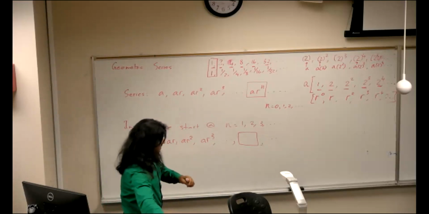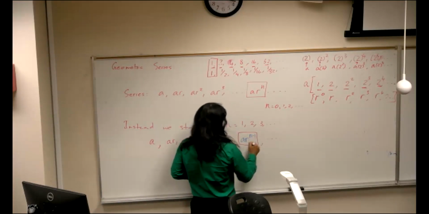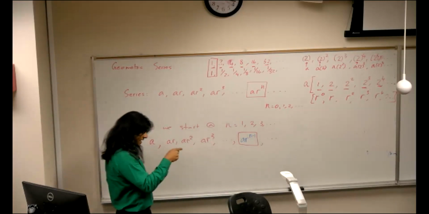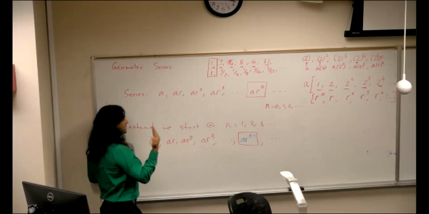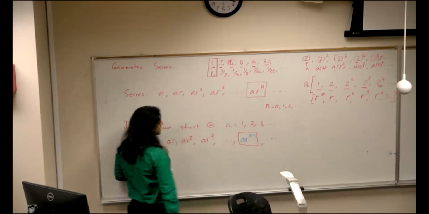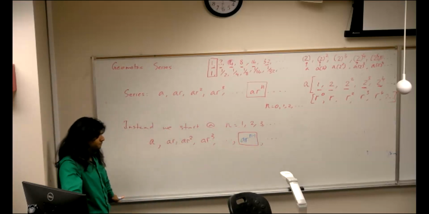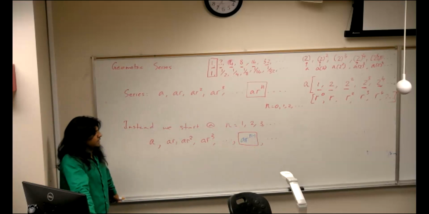In this case, it would be A R raised n minus 1. The general term must generate the sequence properly. So if I insist that n must start at 1, the general term would be AR raised n minus 1. Good. Now that is a geometric sequence.